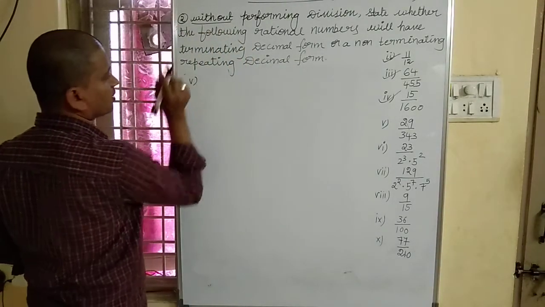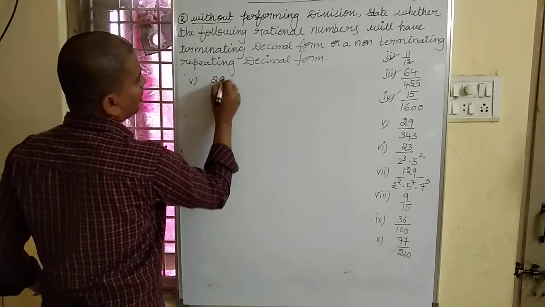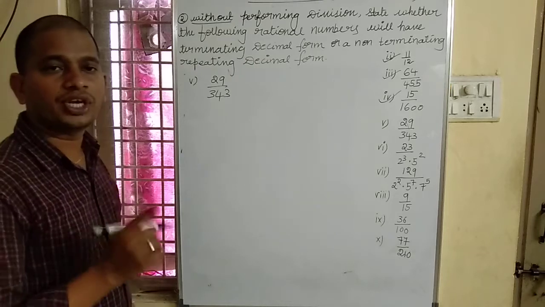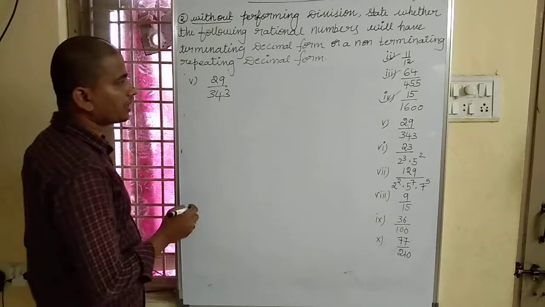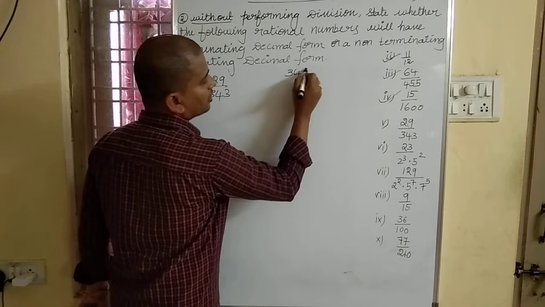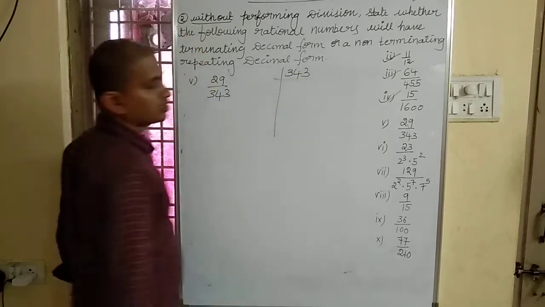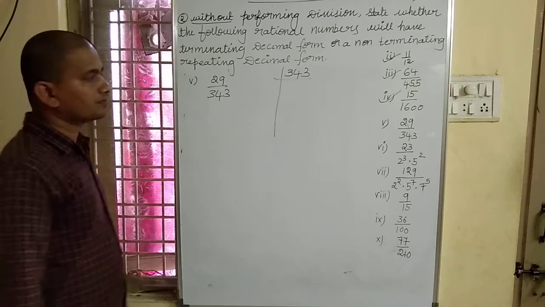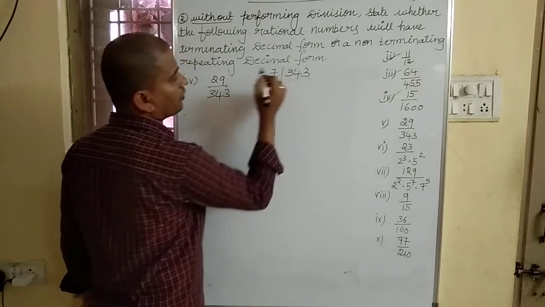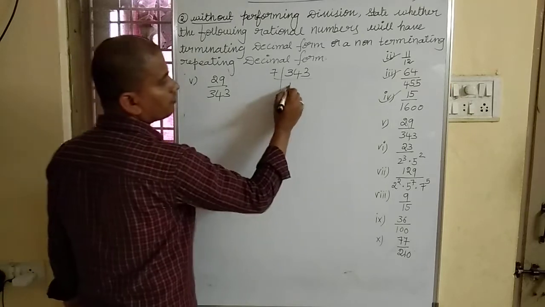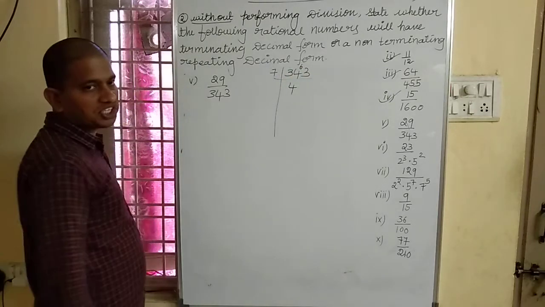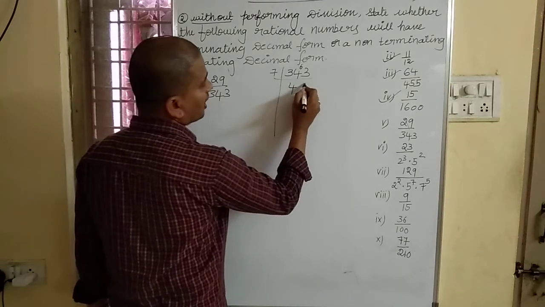The fifth question is 29 by 343. So what is our denominator here? Our denominator is 343. Let us find the prime factors of 343. I guess we go with the 7 table. 7 4s are 28, 6 carry, it becomes 63. 7 9s are 63.